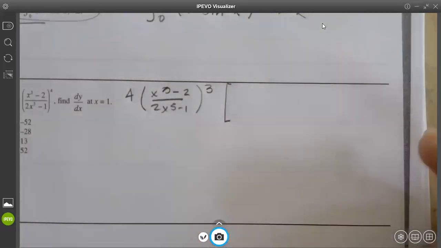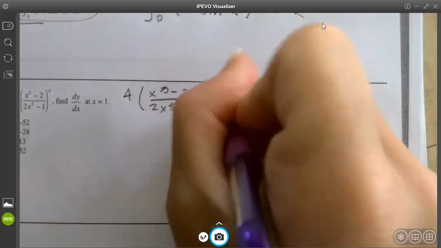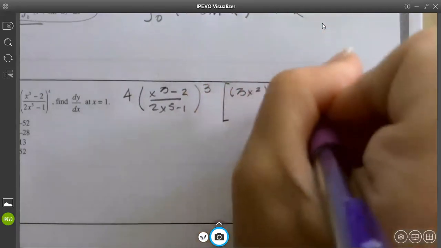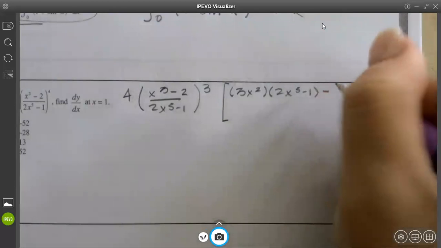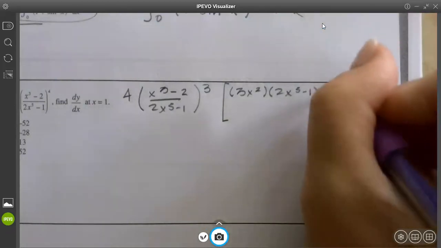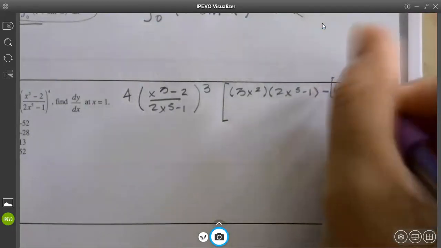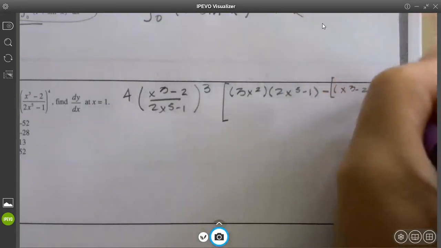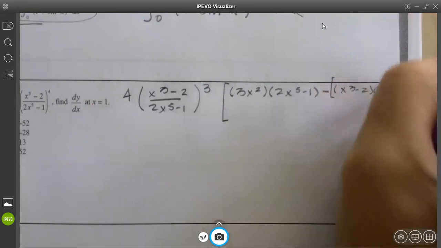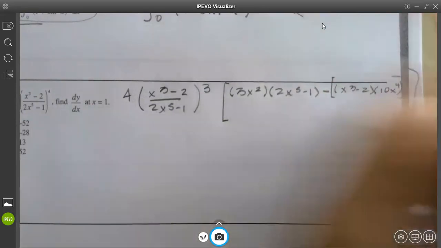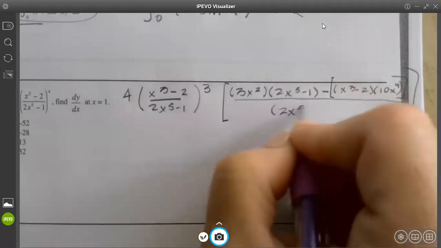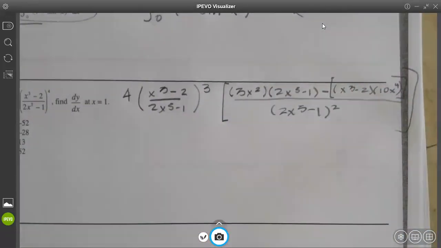Multiply it by, what's the derivative of the top? Times 2x to the 5th minus 1, minus, I'm gonna put another bracket right here, x cubed minus 2 times 10x to the 4th, all over 2x to the 5th minus 1, squared.